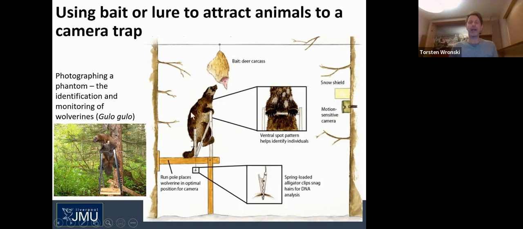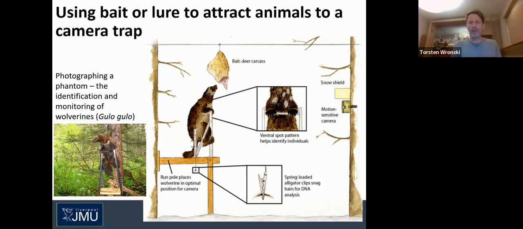The DNA cannot be related to the focal animal, and that's why this research group invented alligator clip snaps, which are placed openly on the place where the wolverine has to climb, and once it touches them, they snap and collect some hairs for DNA analysis.